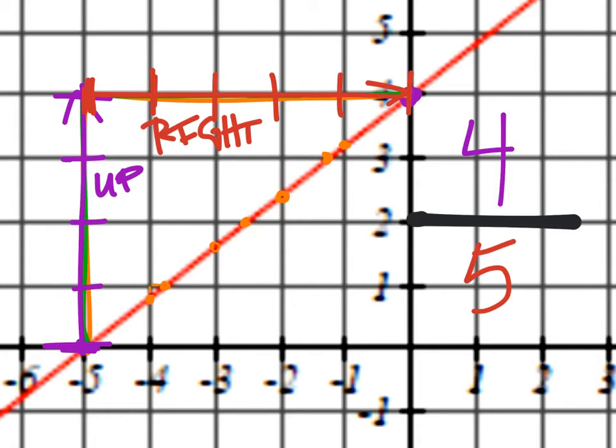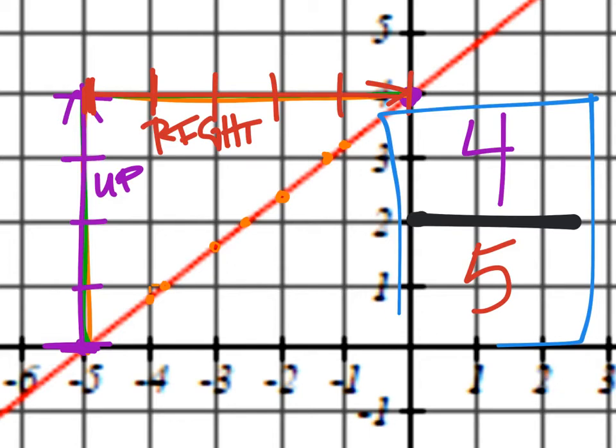For those of you that think maybe you want to turn it into a decimal, for the most part, we want to see these as fractions. The reason is that if I keep this as a fraction, then it specifically shows me the change in the y's, which is in purple, and then the change in the x's, which is the red.